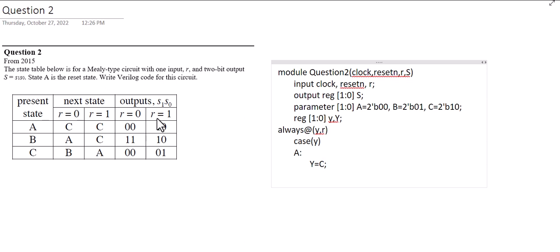But my output is different depending on whether my input is 0 or my input is 1. So I can say if R, then S equals 1, 0.